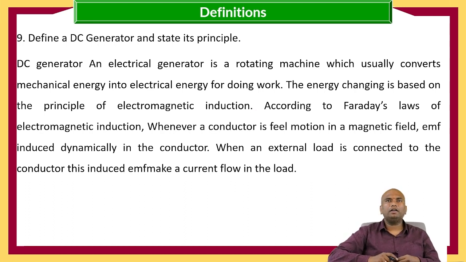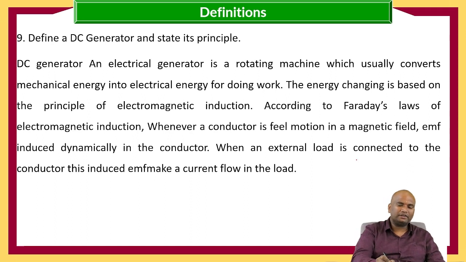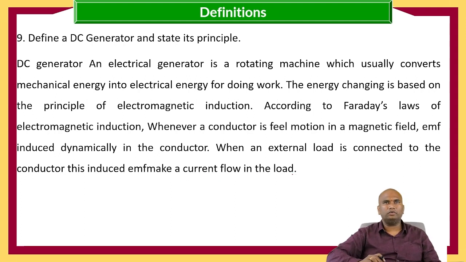According to Faraday's laws of electromagnetic induction, whenever a conductor cuts a magnetic field, an EMF is induced in the conductor, and that EMF is dynamically induced EMF. When an external load is connected to the conductor, this induced EMF makes a current flow in the load.